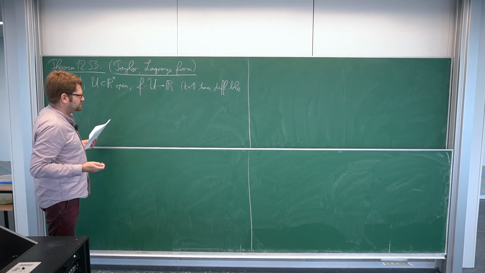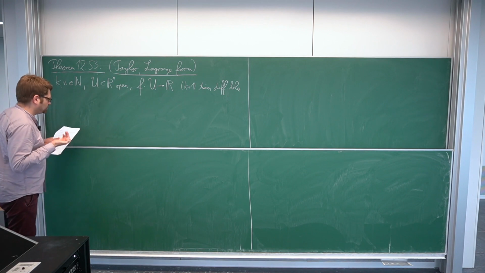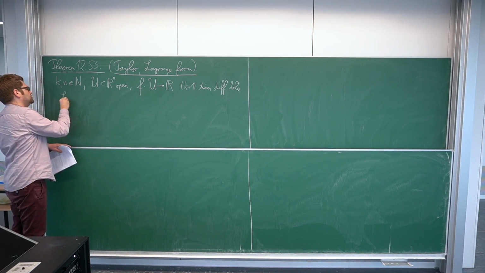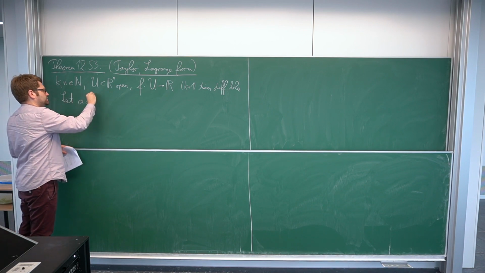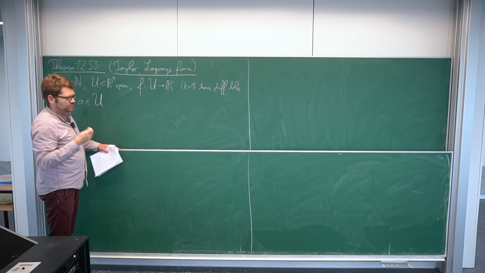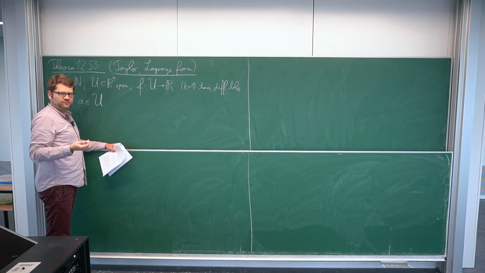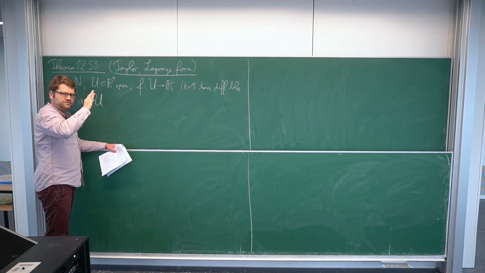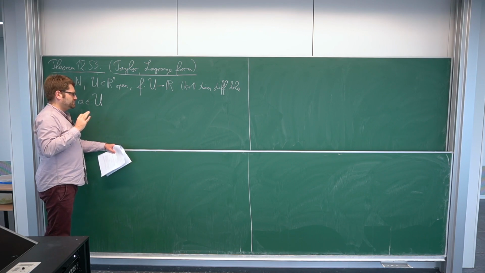Now, the statement is similar. We need some point at which we want to approximate f by the Taylor polynomials. So we take a point a in U. In the single variable case, we had something on an interval, and in the Lagrange form there was some time in between. Here it's a bit delicate.